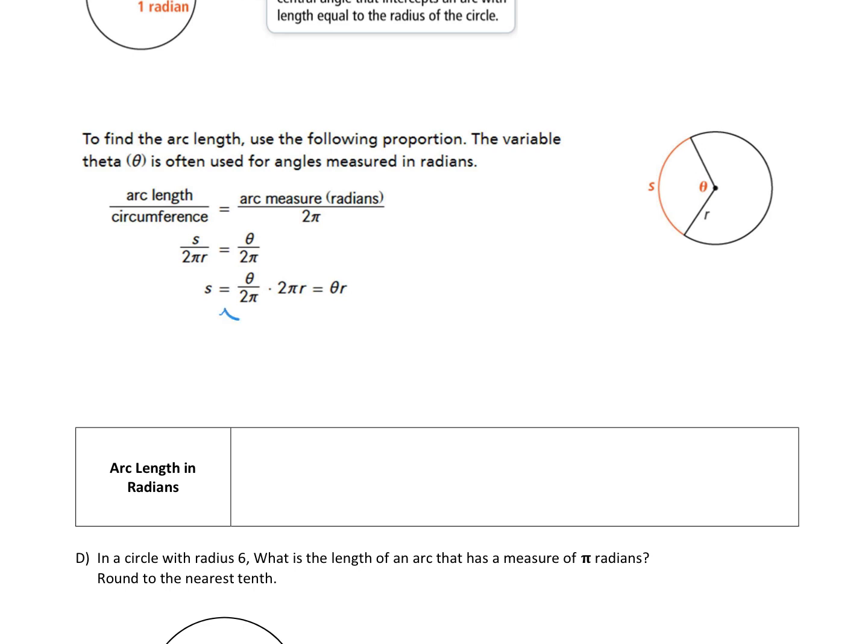Well, we have theta divided by 2 pi multiplied by 2 pi r over 1. The 2 pi cancels with the 2 pi, leaving you with theta times your radius all over 1, or theta times the radius. So our arc length in radians is as simple as finding theta times your radius.